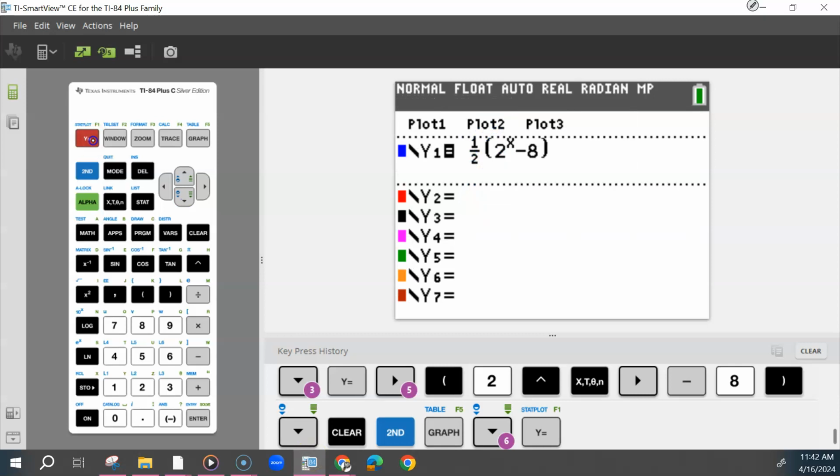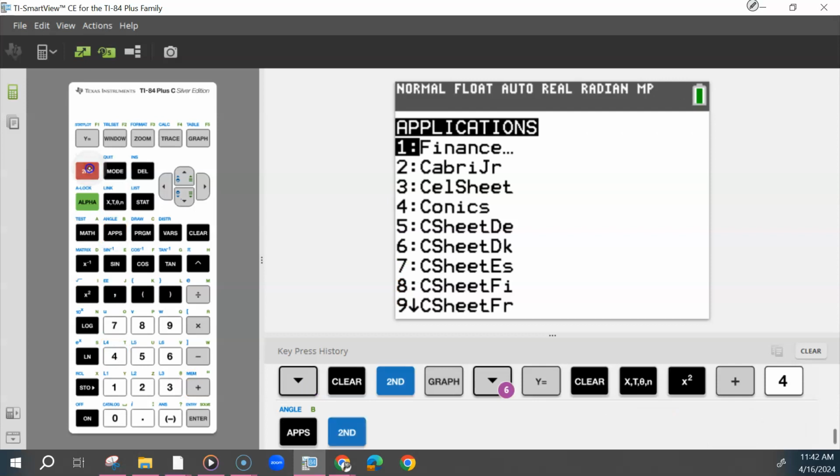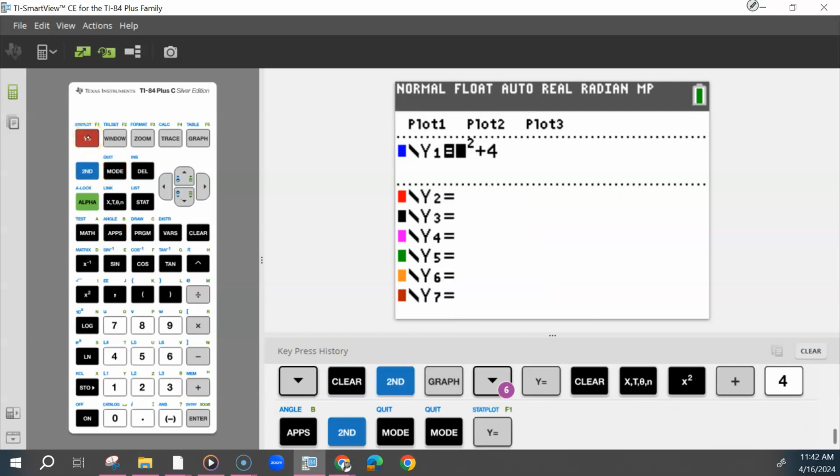The same thing would work on Desmos. And we're going to go into the table, so second graph.